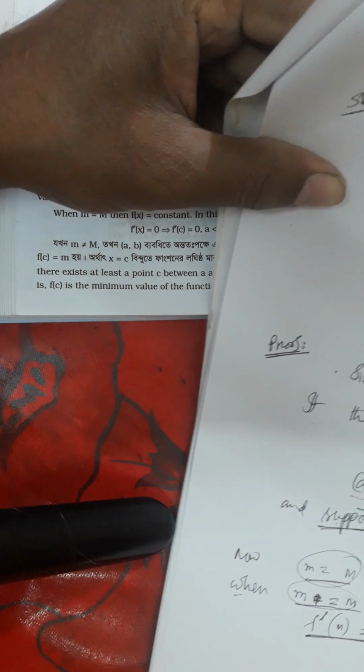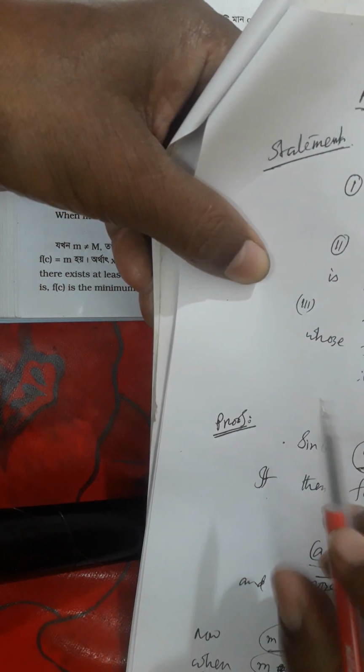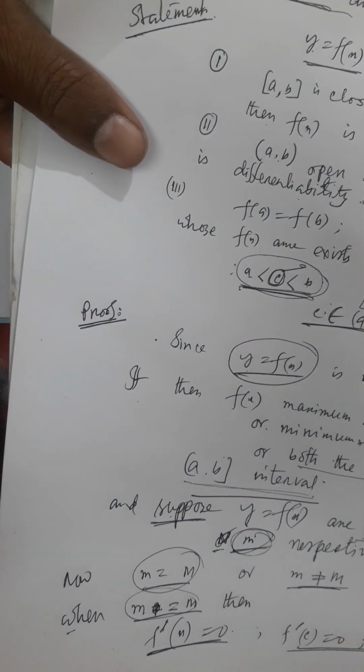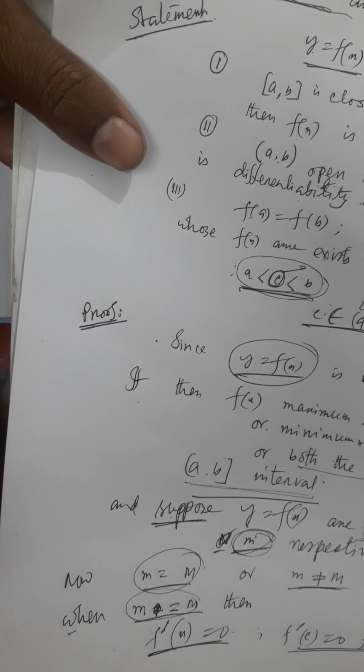This is the format we previously talked about. f prime c equals 0, where a is less than x is less than b, and a is less than c is less than b.